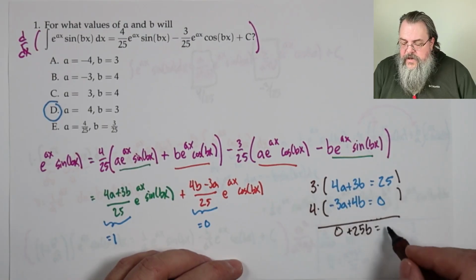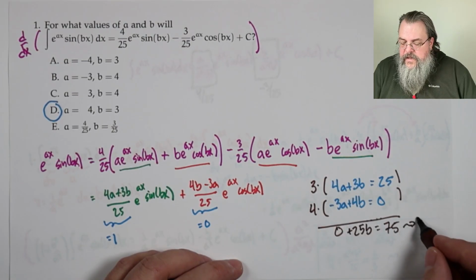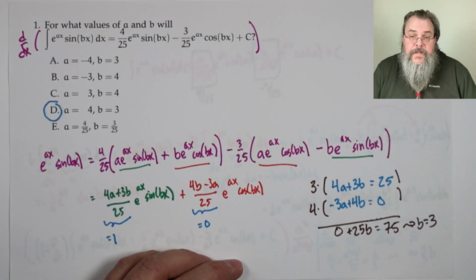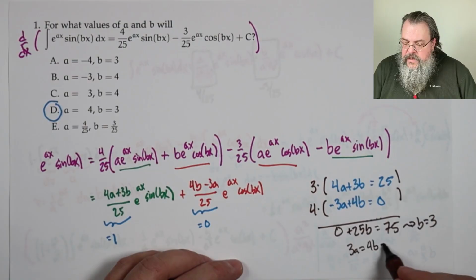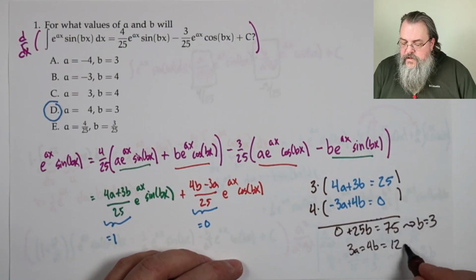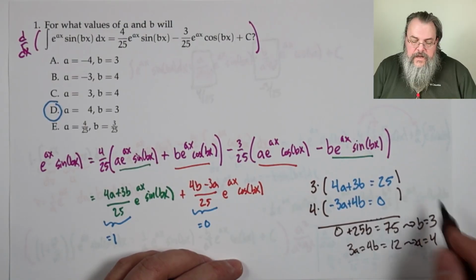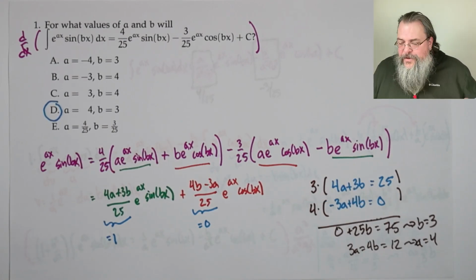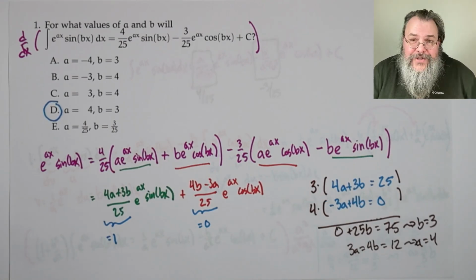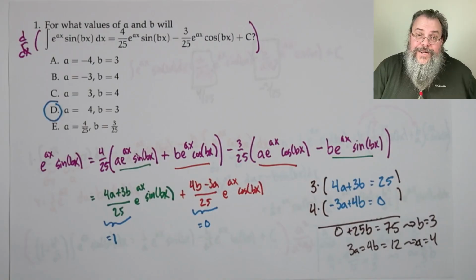And 3 times 25 is 75. And that gives us that b equals 3. And once you have that, we get that 3a equals 4b equals 4 times 3 is 12, which says a equals 4. So you can, as I said, if you don't like the idea, like, no, I got to work it all the way out until I even look at the answers, okay, you can do that too.